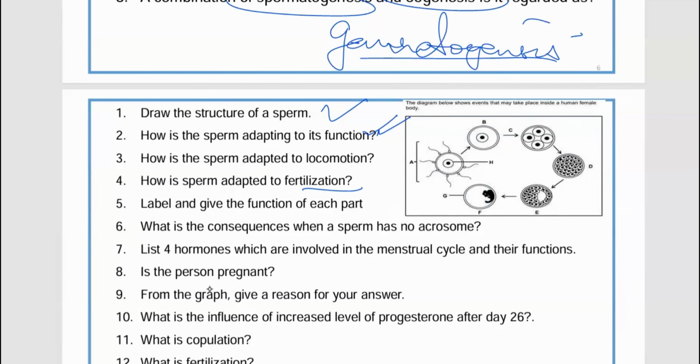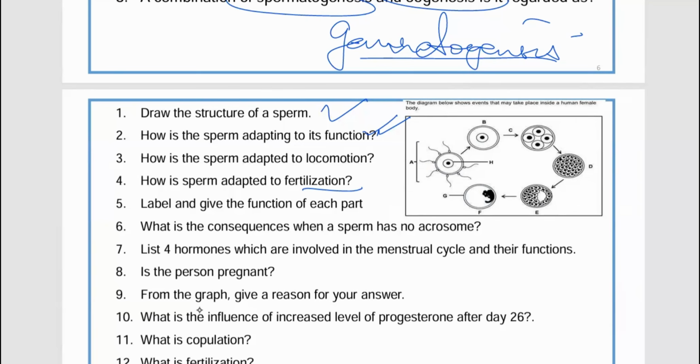We have seen them: follicle stimulating hormone, luteinizing hormone, progesterone, and estrogen. FSH, we saw it. The one which we didn't talk about too much is progesterone.